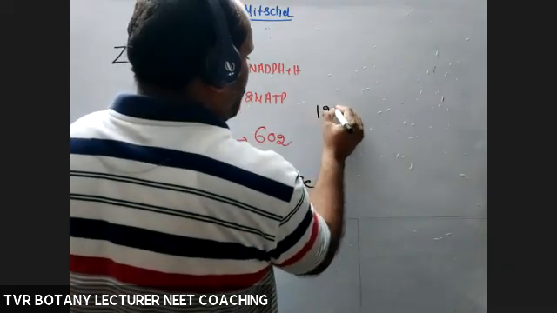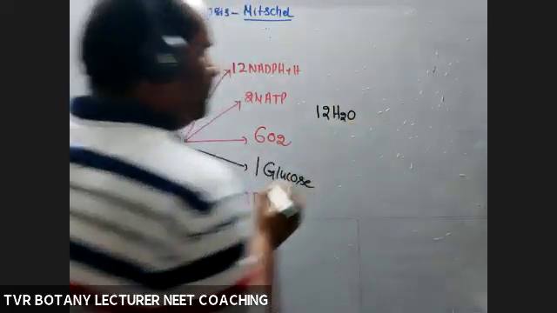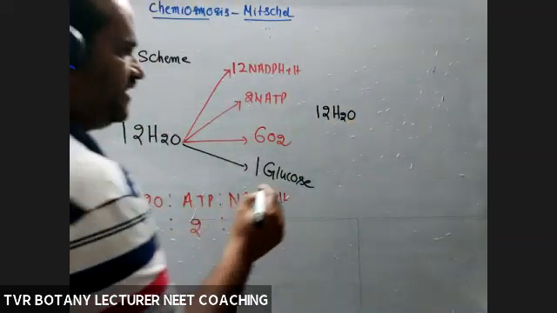So during conversion of radiant energy into chemical energy, for photolysis of water, 12 H2O molecules need how many photons? How much energy is required?